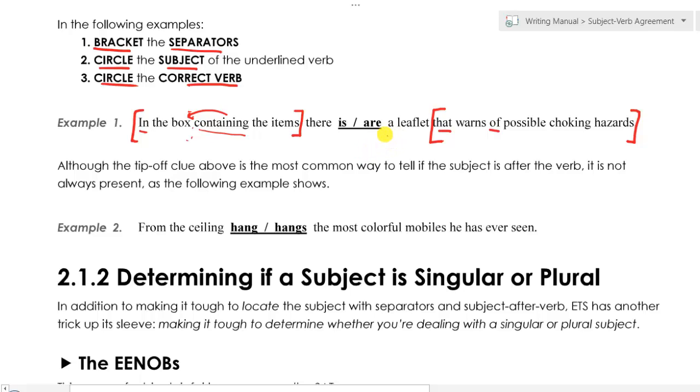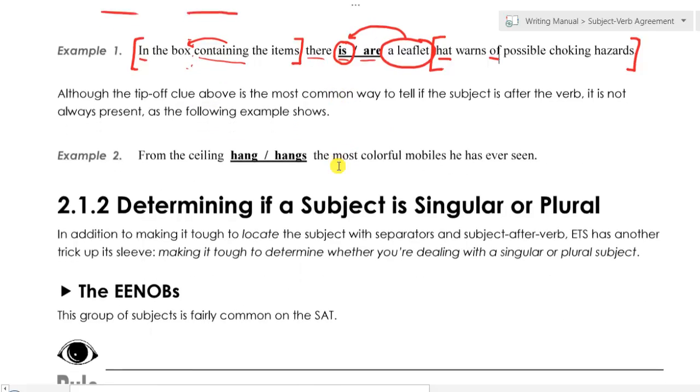So what's the subject? Well, remember we said when we see there and then a verb, there is or there are, the subject is going to be after the verb. So our subject here is leaflet. Therefore, our verb needs to be is. A leaflet is there in the box containing the items. So subject after the verb, subject is leaflet, verb needs to be is.